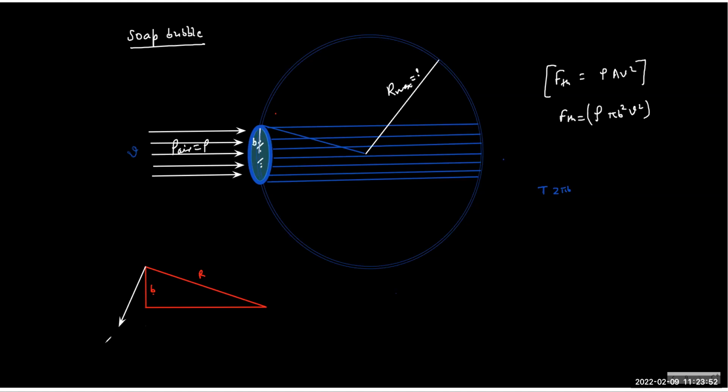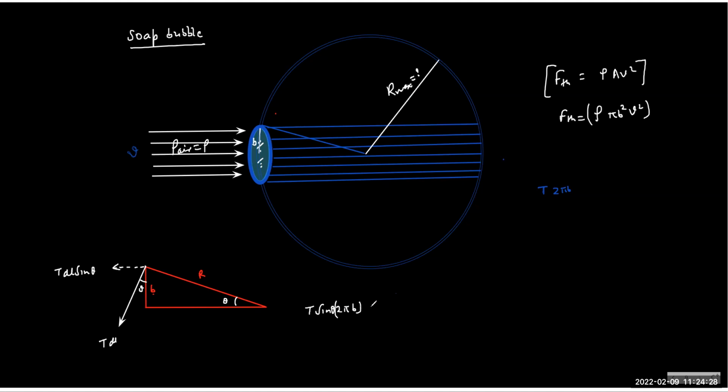And this time this will be t into 2 pi r, or we will say t dl. If I say this is theta, this is also theta. So you can clearly see that the net force will be the forward force because the vertical components will cancel out. So t dl sin theta, and if you integrate over the perimeter, you will get t sin theta into 2 pi b.